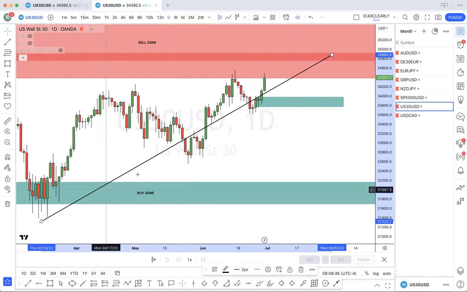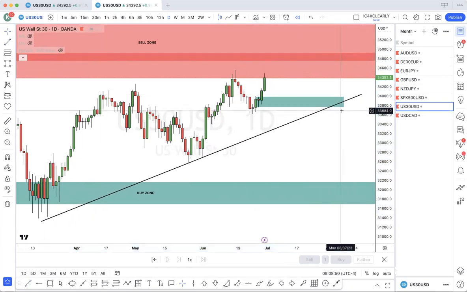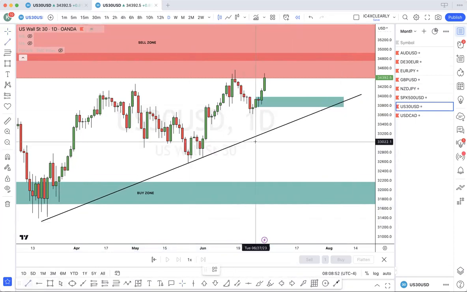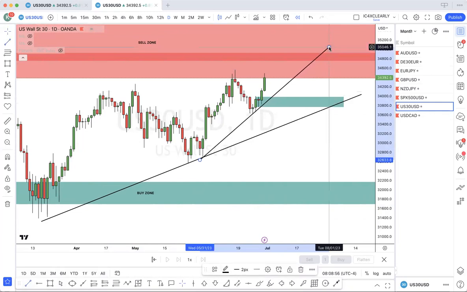Might just start at the low. The low. Okay. So yeah, I definitely expect a pullback for a possible continuation.